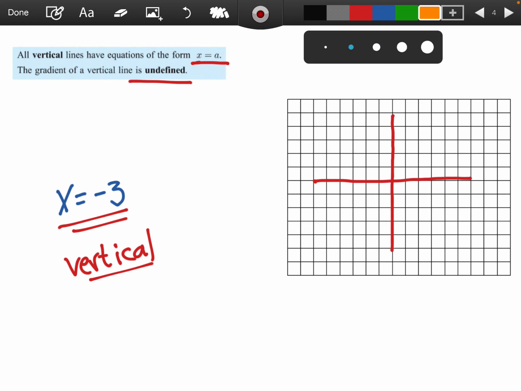Our x value is negative 3, so that means it's crossing the x-axis at negative 3. And for that matter, so is every other point that exists on that line because it is vertical. So again, with a ruler, draw yourself a line, arrows on both ends to represent that it goes on forever. Ta-da, you've got yourself a line.